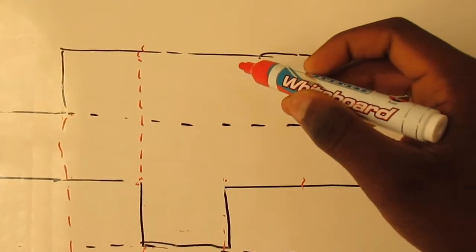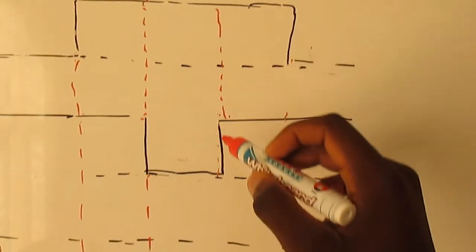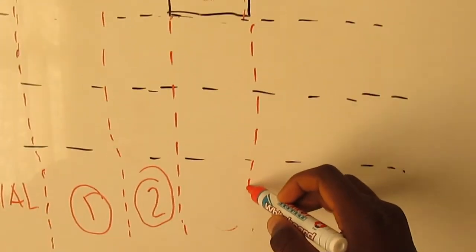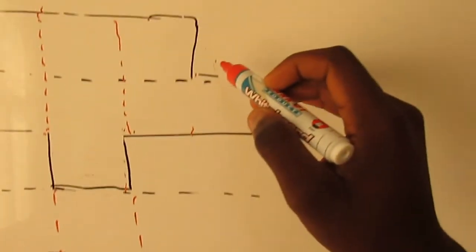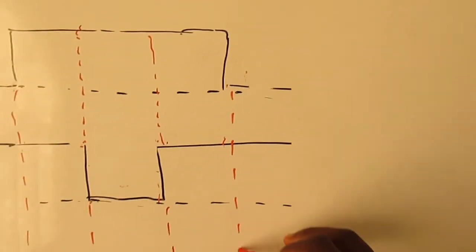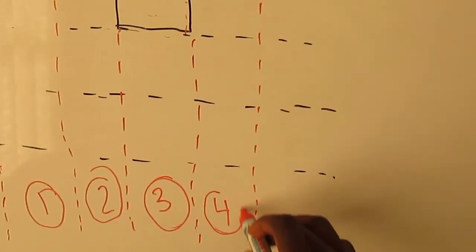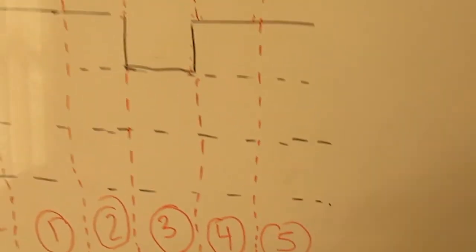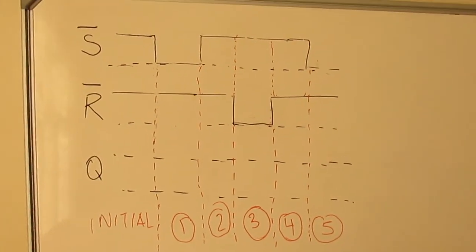And now you come again, you can see that on our R, you have another change in time there. So you pick it as well to become our third clock. And then you look here, you can see again, you have another change. So you pick it to become your fourth clock and then fifth. And this can be done on and on.